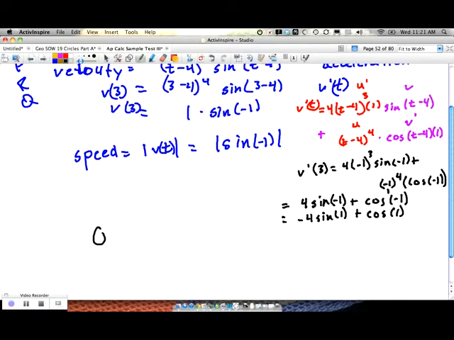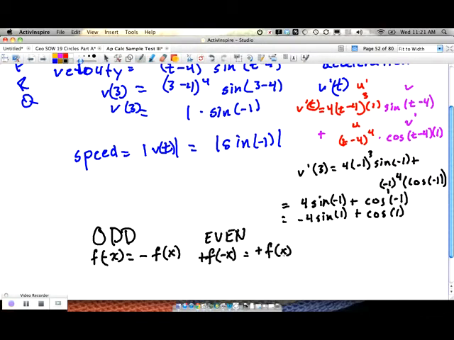Whenever you have an odd and even relationship, if something's odd, that means the left side is the opposite sign of the right side, so that means f of negative x, if we're on the left side, is going to be the opposite sign of just f of x. But if it's even, that means both sides have the same sign. So f of negative x, if that's positive, then that's the same over here, positive f of x.